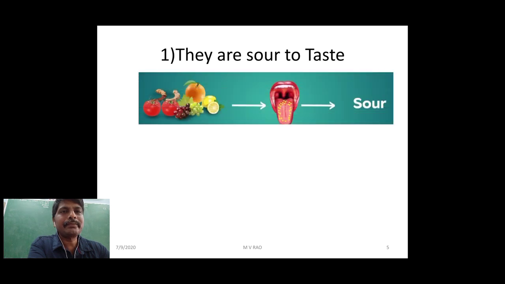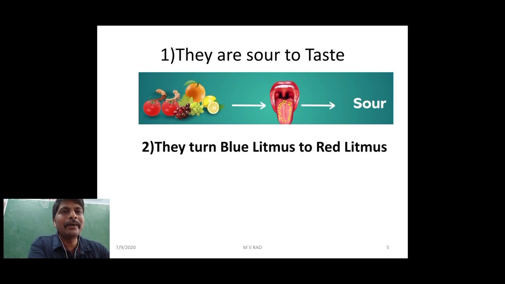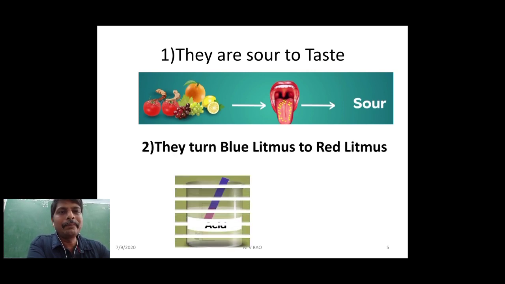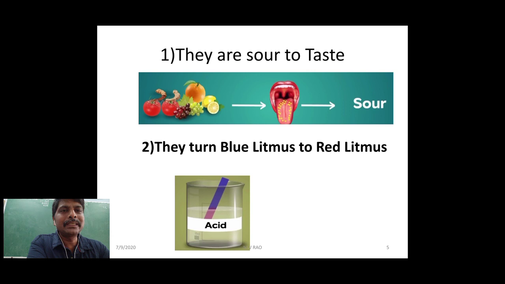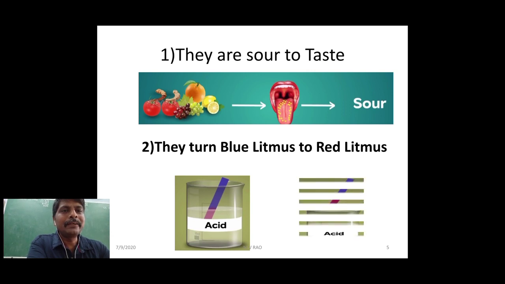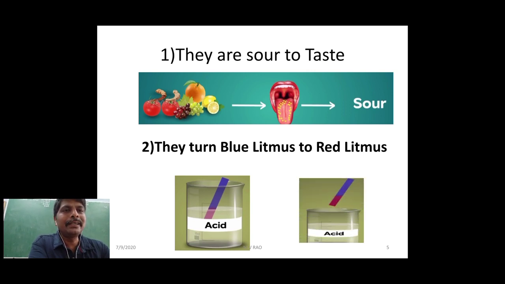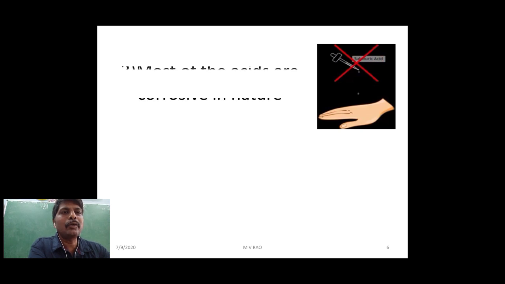First one is they are sour to taste. Acids are sour to taste. Second one, they turn blue litmus red. You take a blue litmus, dip it into acid, it will turn red. Acids turn blue litmus to red litmus. Next property is they are corrosive.